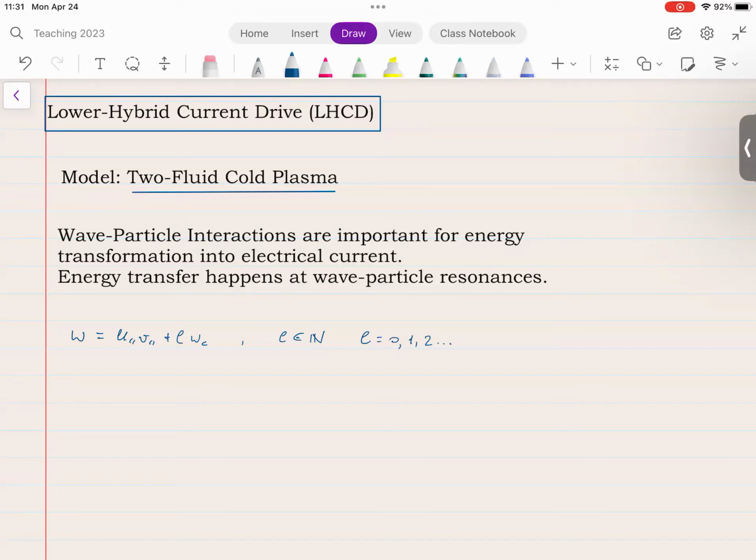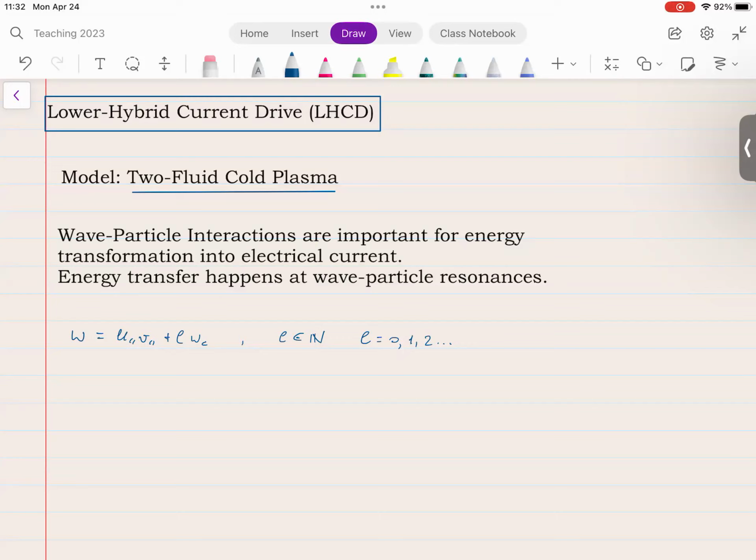Now, we already know about wave resonances, and therefore you may wonder why the energy transfer doesn't happen at wave resonances. The reason is that at those resonances the fluid model is inadequate. It doesn't give us enough information about the physics.